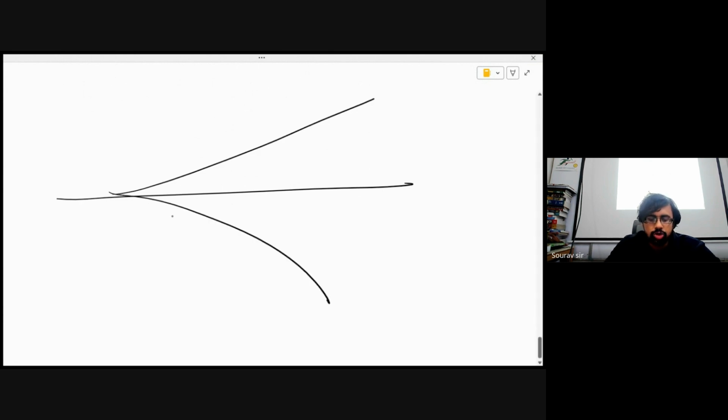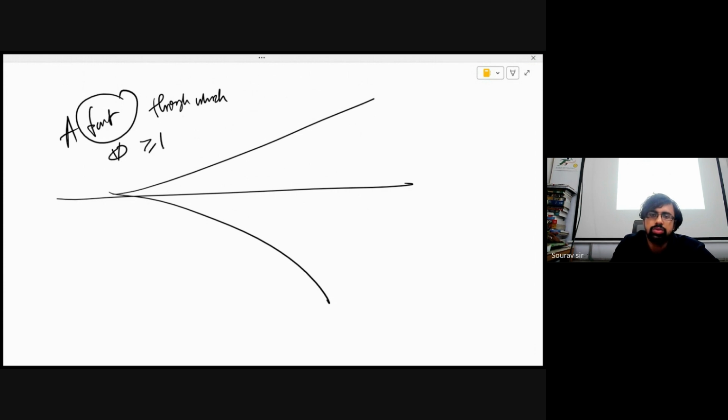Okay. So a point through which two or more branches of a curve pass. A point, from the very basics, through which one or more, greater than or equal to 1, branches of a curve pass. Okay.